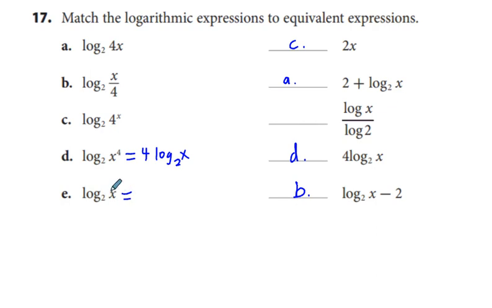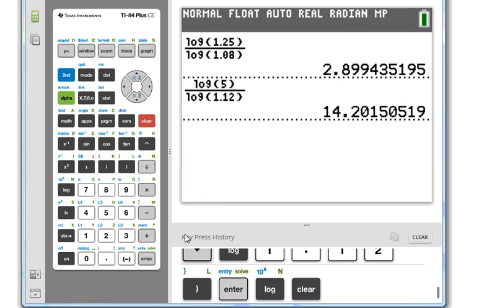We're going to use, in this case, a change of base formula. Log base 2 of x is going to be log of x divided by log of 2. The change of base formula was more important originally than it is now, because the calculator keys, for instance, have just a log and an ln key.